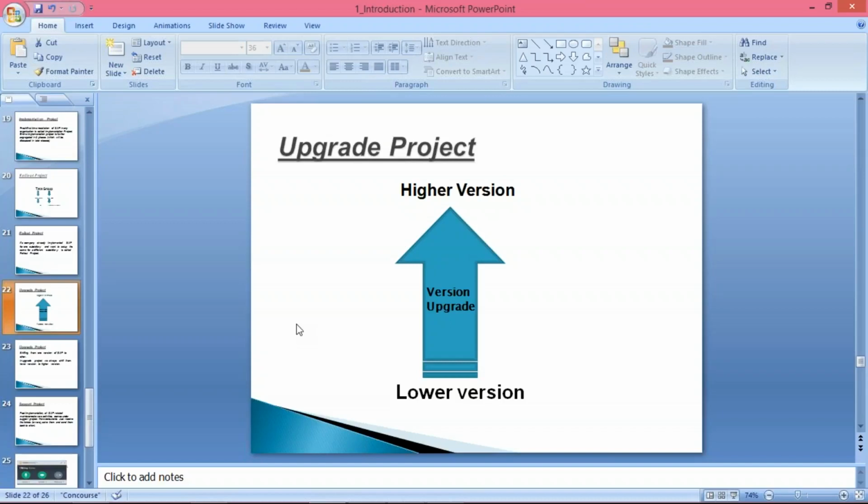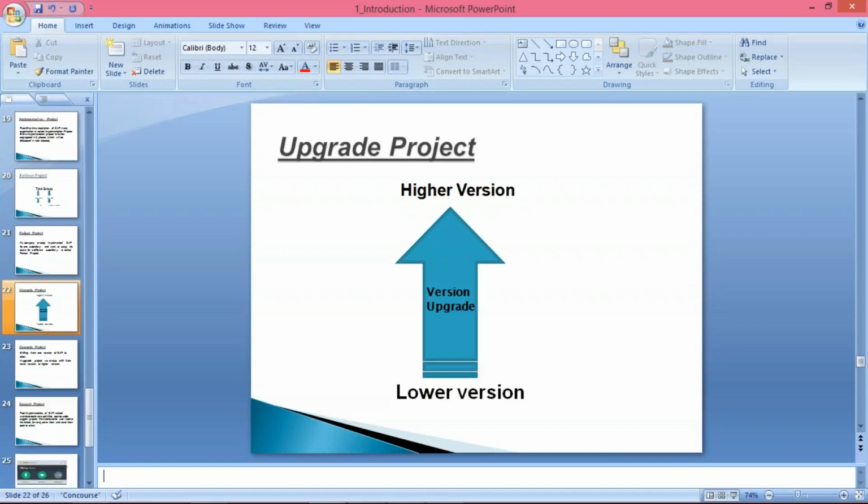You guys, the functional consultants, have to perform lots of activities. Why lots of activities, guys? I'll give an example here.